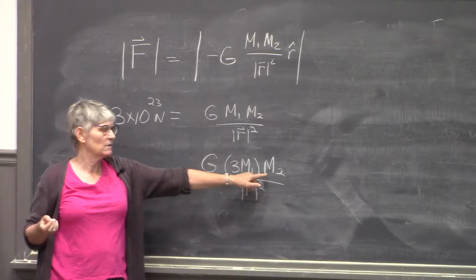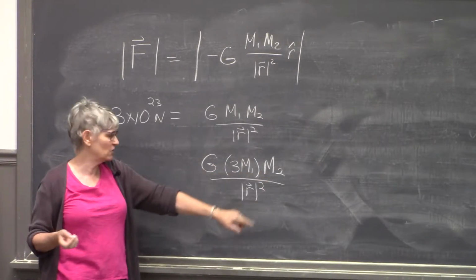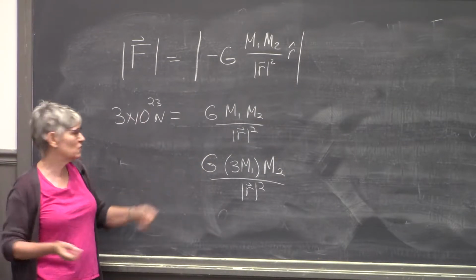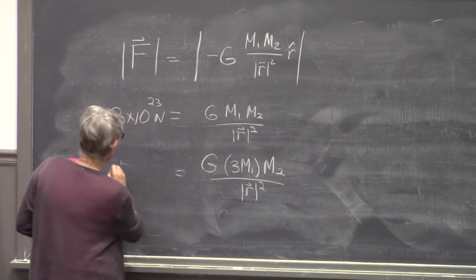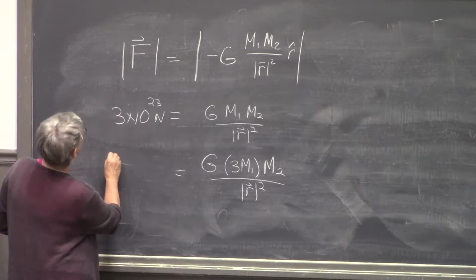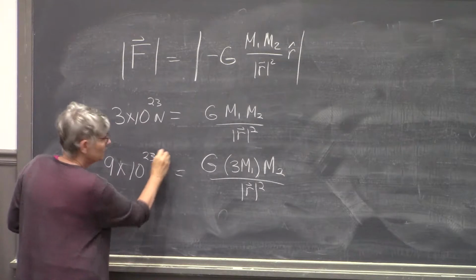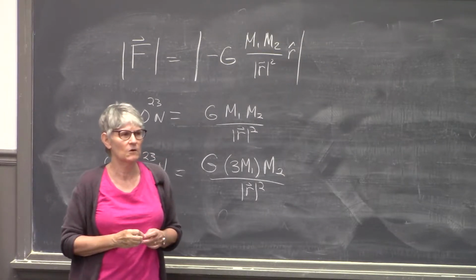Everything else stayed the same. Mass of the planet didn't change, distance didn't change, constant didn't change. So we change one thing in an equation that looks like this, and we've got 9 times 10 to the 23rd newtons.